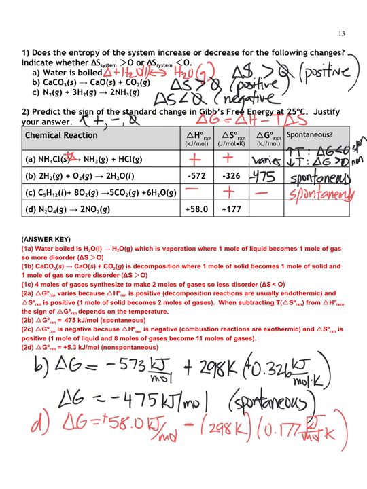When I do my math, I get, in the end, positive 5.3 kilojoules. And that positive 5.3 kilojoules, a positive value, means the reaction is non-spontaneous.